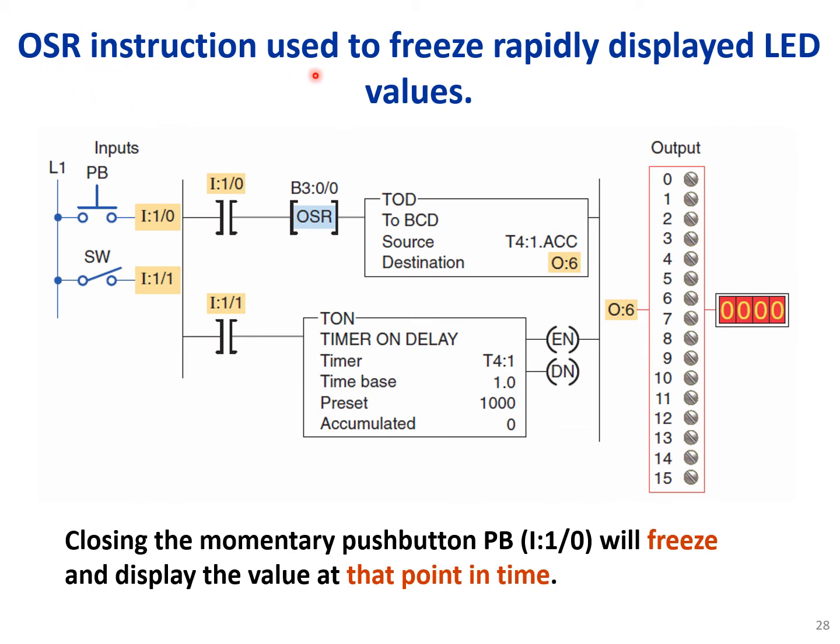The OSR instruction is used to freeze rapidly changing LED display values. Here we have a timer. That switch triggers the timer, and the accumulated value increases rapidly. Here we have the LED output. The source is the accumulated value of the timer, so this LED displays the accumulated value of the timer, and the destination is O6, or output 6.